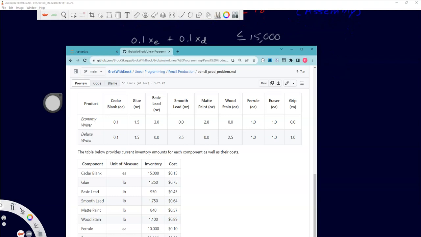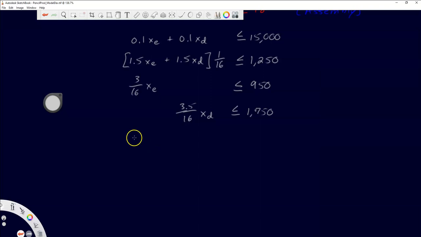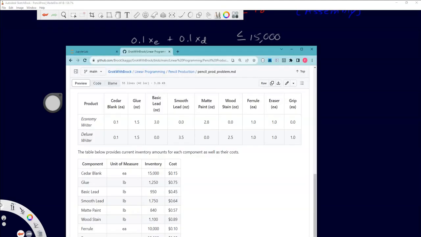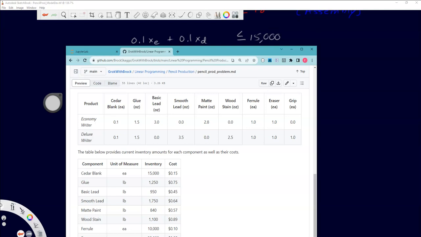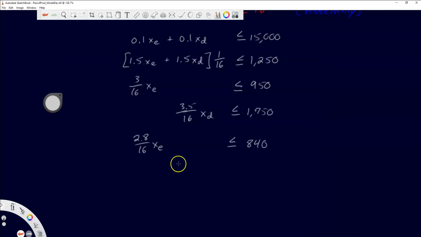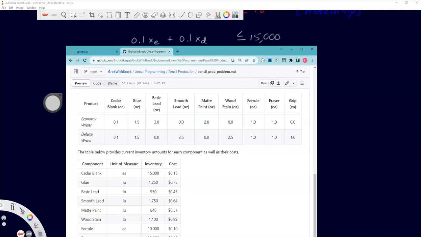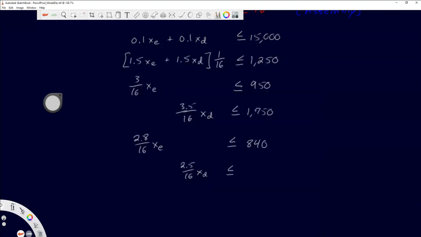Now we're at the matte paint, only used in the economy. $840. Wood stain 2.5 over 16, only used on the deluxe. 1,100 pounds.